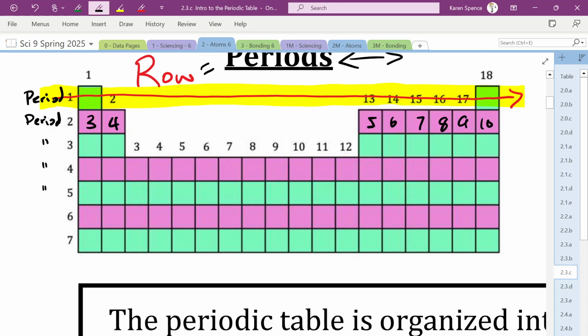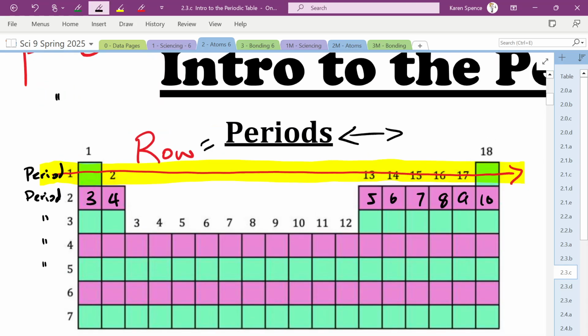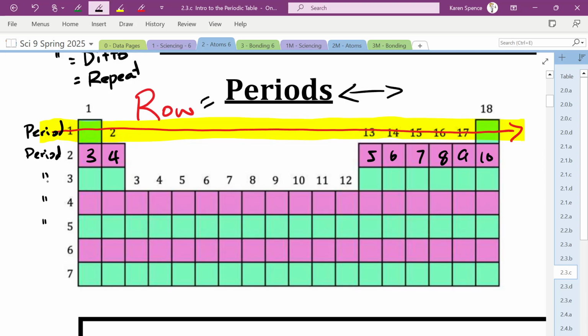Do you guys know what those little marks mean? It means ditto, which means repeat. So if you put that underneath something, it's just like saying it's the same word over and over again. So we have period 1, period 2, period 3, period 4, period 5, period 6, and period 7. Yeah?